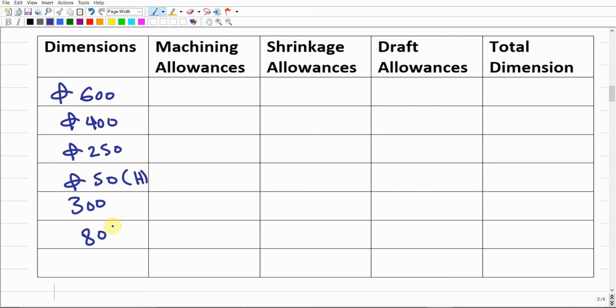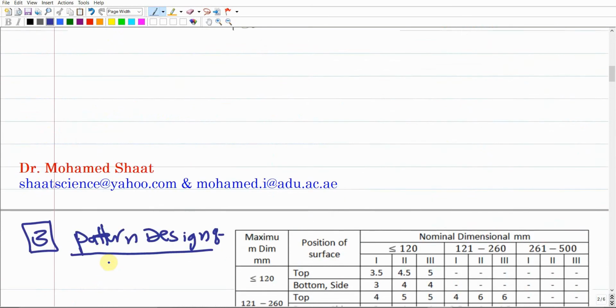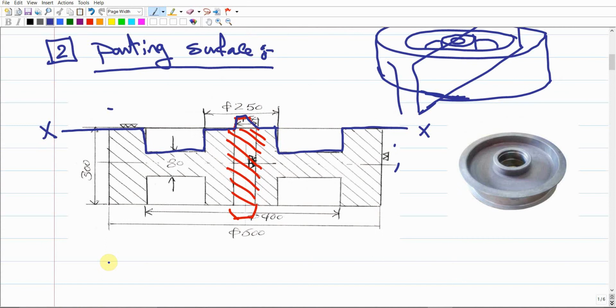Then we have to repeat here the other dimensions that will be affected by the draft that we have to add to the pattern. And we said that the draft, or the taper allowance, we are adding to the pattern to make it easy for us to remove the pattern from the sand during the sand molding process.